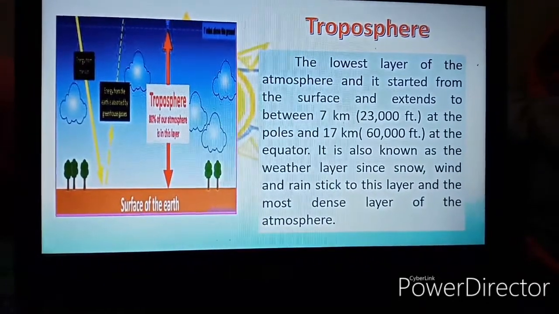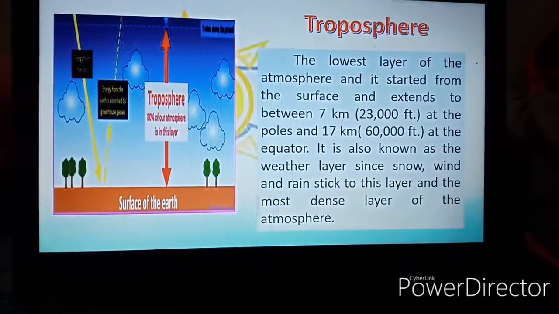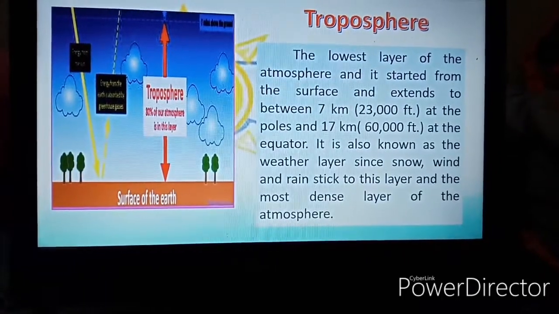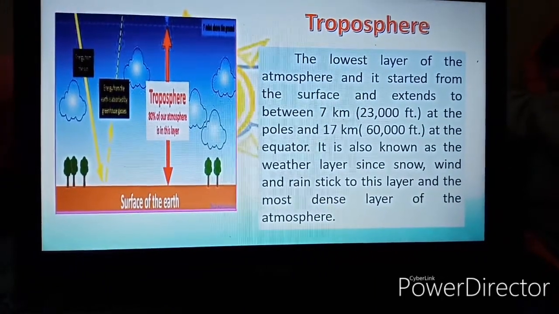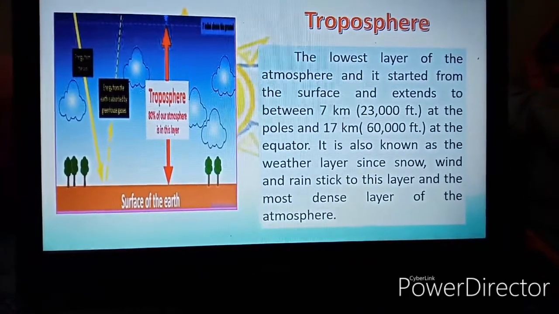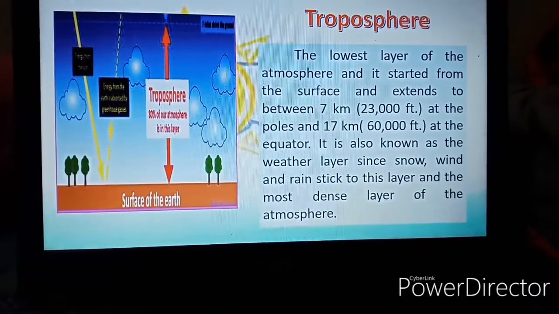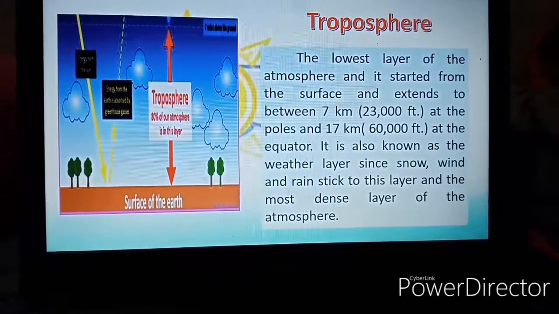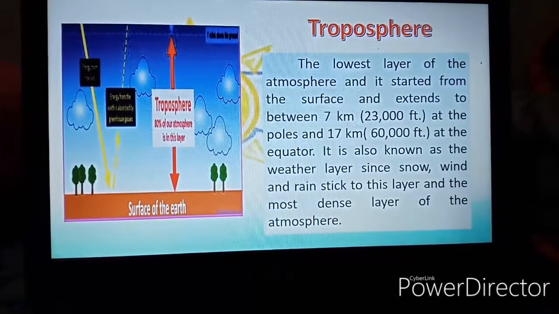It is also known as the weather layer, since snow, wind, and rain stick to this layer. It is considered the most dense layer of the atmosphere because it carries all the weight from above.